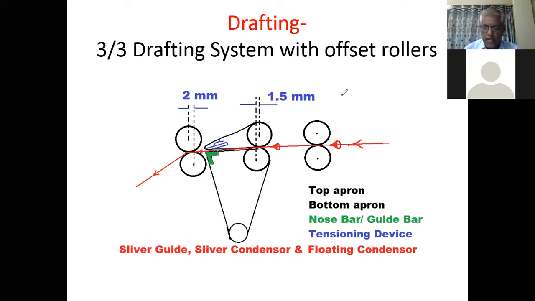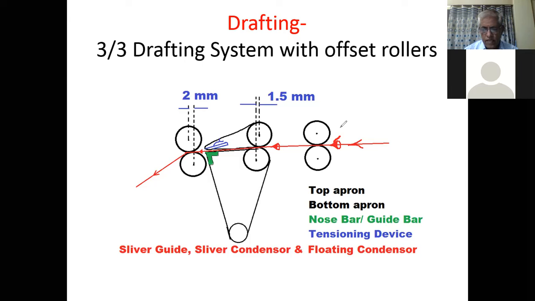The sliver is entering here. This is the sliver guide. It is fixed on a reciprocating traverse bar, which has a traverse of 2 to 4 mm.